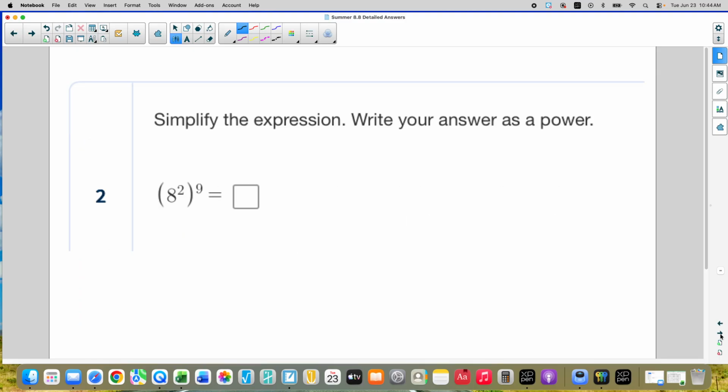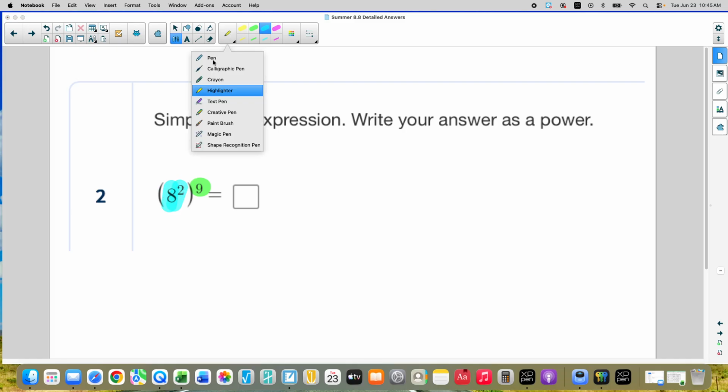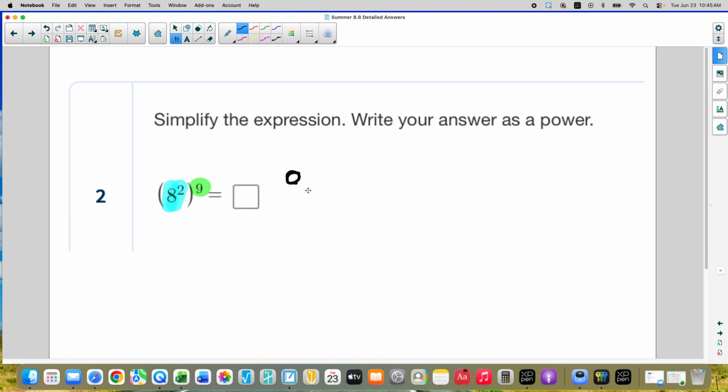Here we have a power of a power. So we again have an exponent, and the base of this exponent is 8 squared. When we have a power of a power, we are going to multiply their exponents. So that ends up being 8 to the 18th.